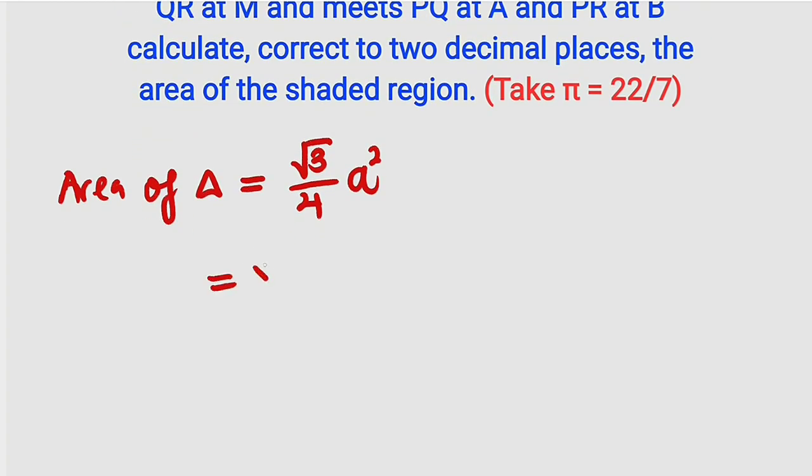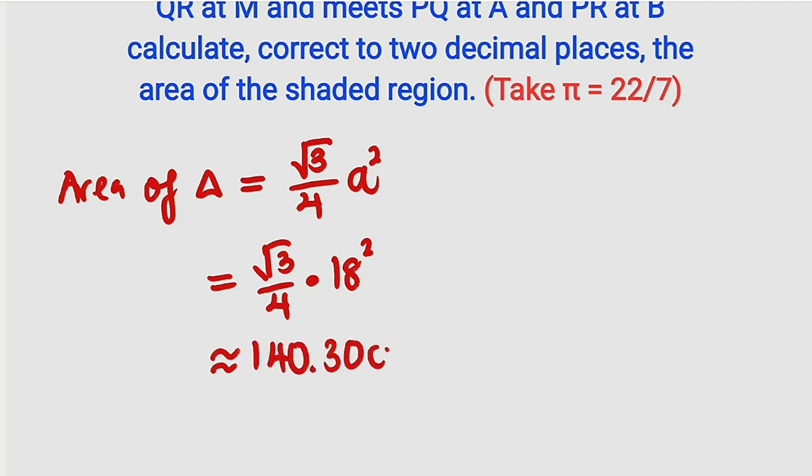So this is equal to the square root of 3 divided by 4 multiplied by 18 squared. Now let me use my calculator. This is approximately equal to 140.30 cm squared. So this is the area of the equilateral triangle.